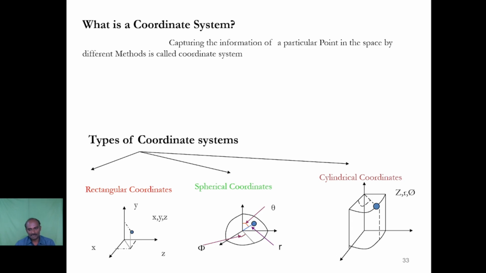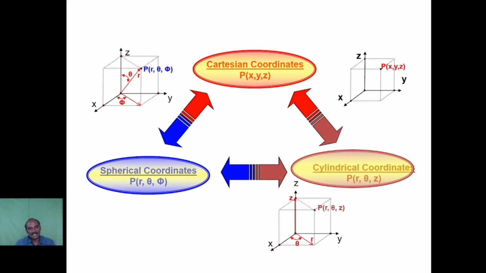It constitutes a sphere. In cylindrical, we have two length coordinates and one angular coordinate: z, r, and phi. So z is a length coordinate, r is also a length coordinate, and phi is the angular coordinate. So Cartesian is x, y, z.